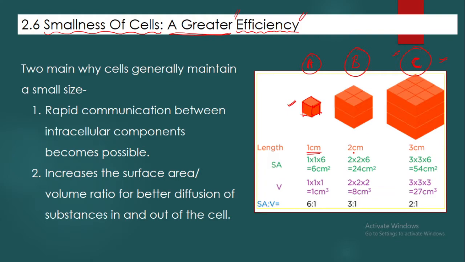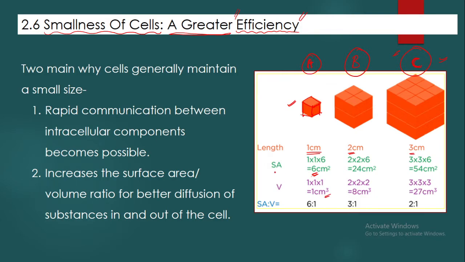To make a 3 centimeter cube, how many 1 centimeter cubes are required? 27. You see, in one small cube you get 6 square centimeters of surface area and 1 cubic centimeter of volume.